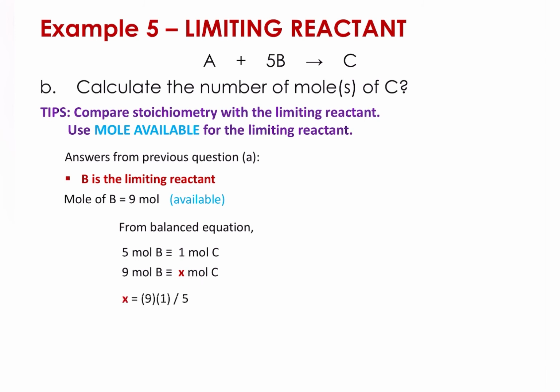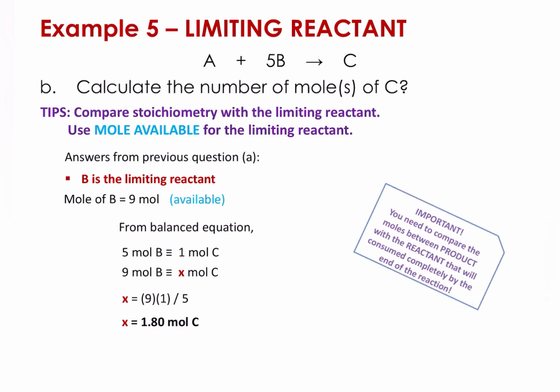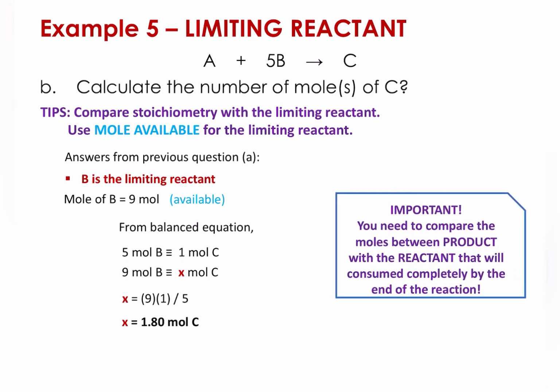So, rearrange to find out X adalah 1.80 mole C. Okay, pastikan tulis mole C dekat belakang untuk X. So, settle untuk question B di mana comparison dekat sini, as I mentioned before, bila you want to do the stoichiometry between the product with the reactant, we will use the reactant that is consumed completely. Dalam case ini adalah limiting reactant, iaitu B.